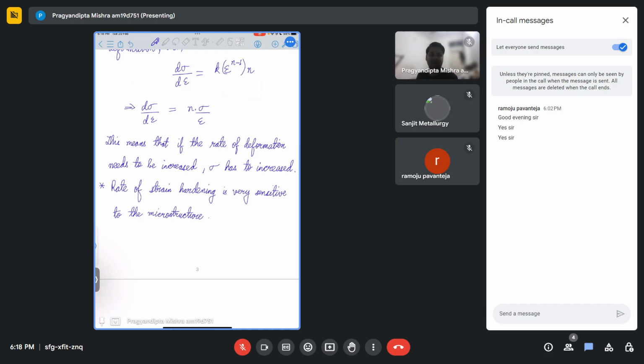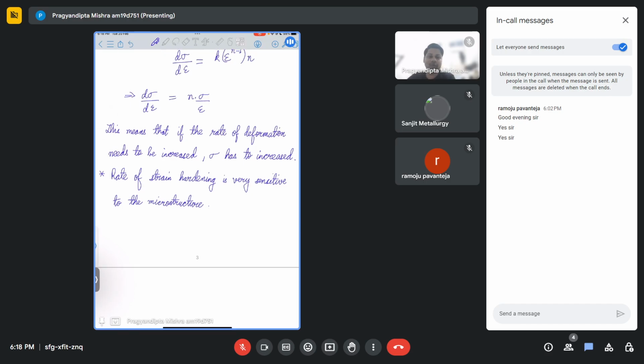So if you change the microstructure in some way, either by some processing technique or by addition of other material systems or doing something to the material, your rate of strain hardening will also be influenced to a large extent.